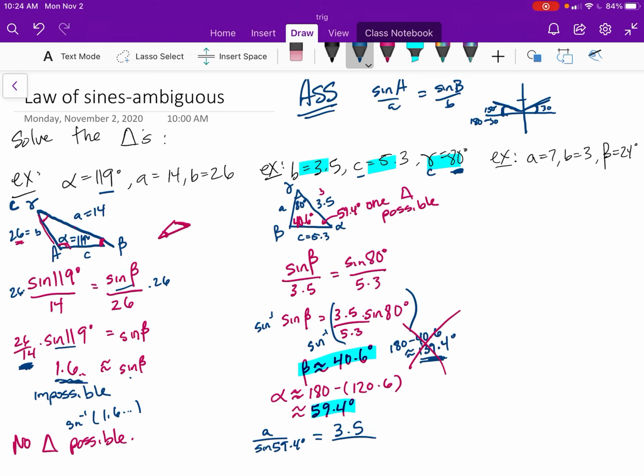It shouldn't matter, but because we did round for beta, I'm going to take a step back. It's always best to use, in my opinion, the original information. Use C, which is 5.3, and use gamma, because we didn't round at all for those. Those were values that were given to us. So I know my answer would be better by using that. So now multiply this sine 59.4 on both sides of the equation to isolate A.